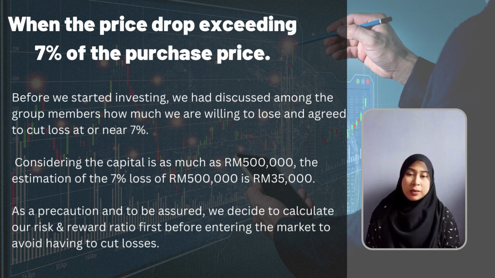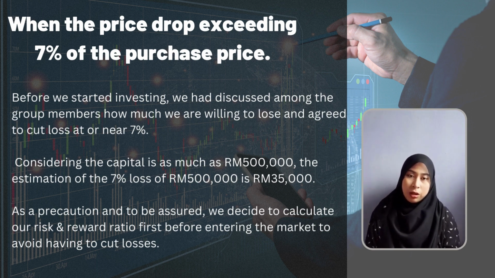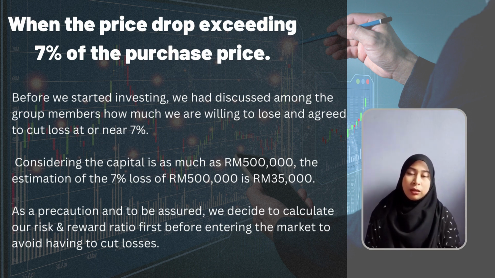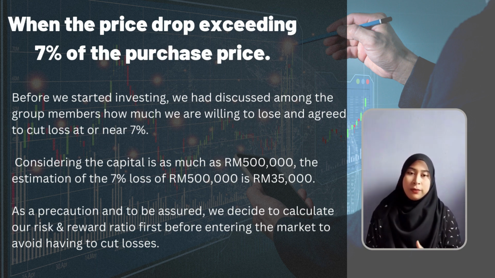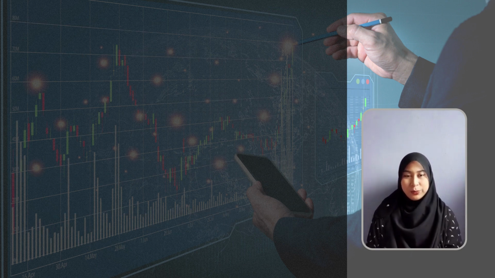Considering the capital is as much as 500,000, the total estimated loss of 7% from 500,000 is 35,000 ringgit. As a precaution and to be assured, we decide to calculate our risk and reward ratio first before entering the market to avoid having to cut losses. In this context, we invest in a certain company when the potential profit ratio is higher than our risk ratio.